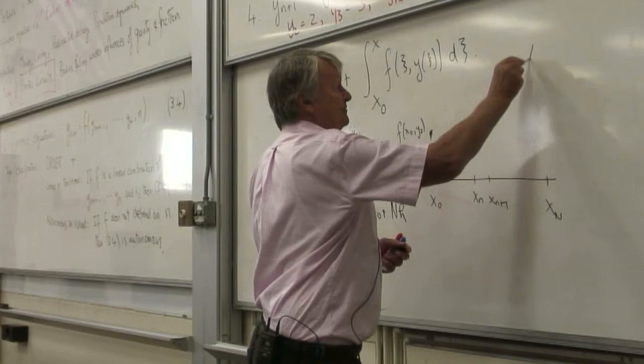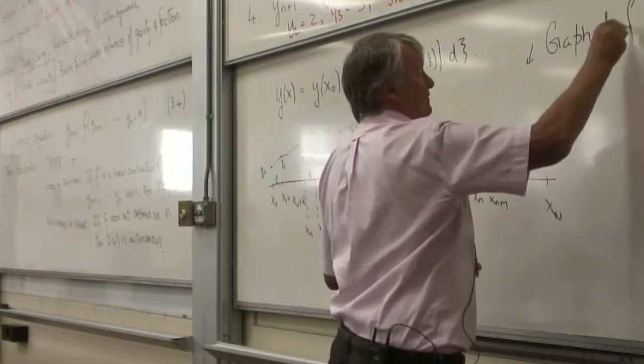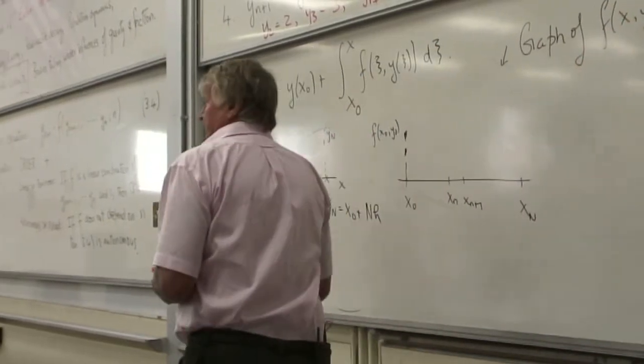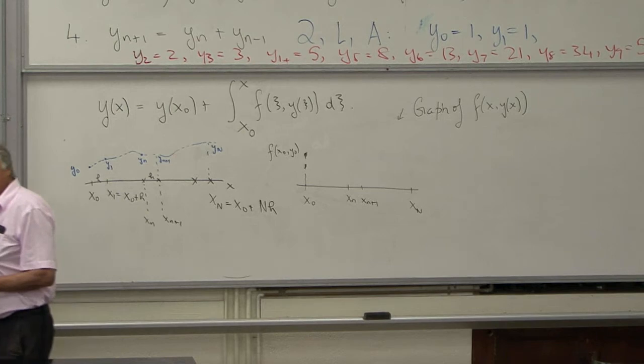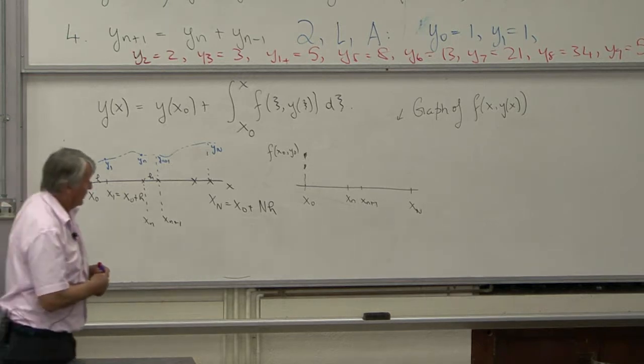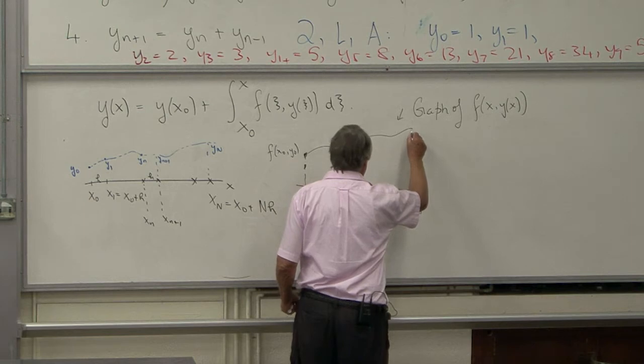So this is the graph now of f of x and y of x. So it's a function of x. I draw it imagining I know the solution y of x. So f of x and y becomes just a function of x. And so it'll look something like this.